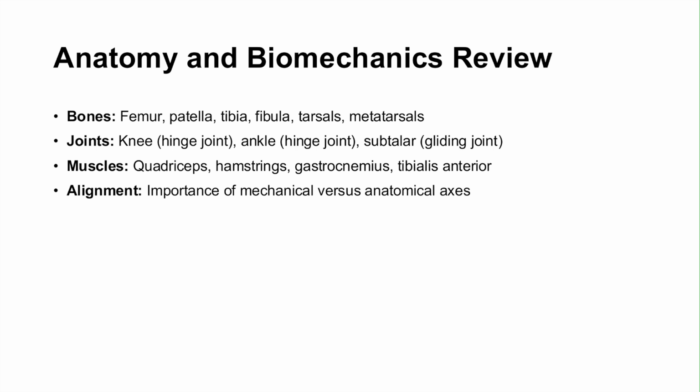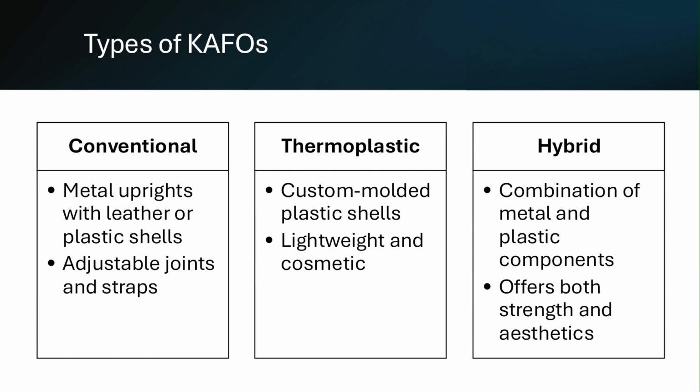So we will look at several types of KAFO. There are three main categories: conventional KAFO, which use metal sidebars and leather or plastic cuffs and are durable, though a bit heavier. Then we have thermoplastic KAFO, which are molded from plastic and contour snugly to the limb, that we will do this week. Thermoplastic KAFO offer comfort and aesthetics.